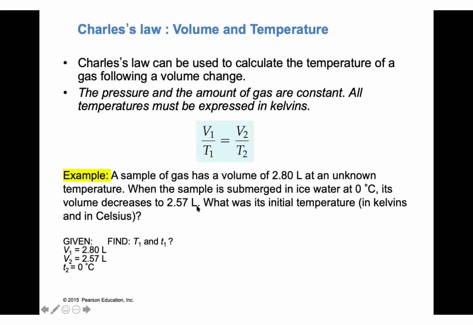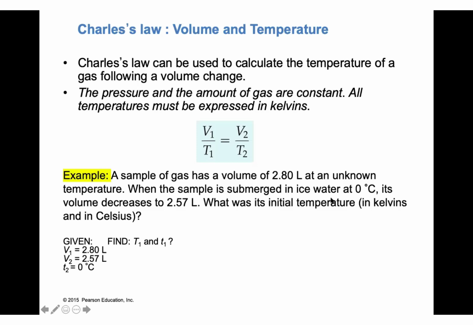So it's going to be V2, and the V2 will be 2.57. And then this would be the T2 here, because it says when it's submerged in ice water at this, we have this volume for it. So this is also the T2 here.